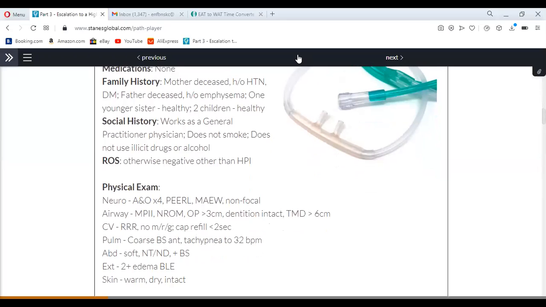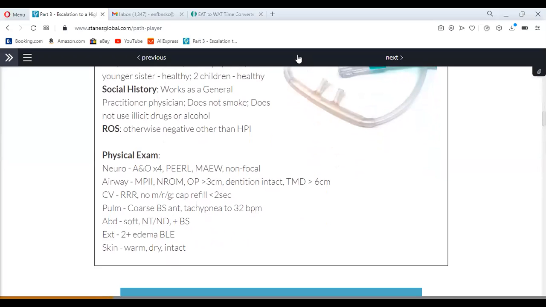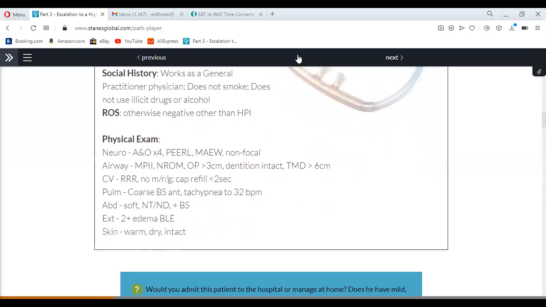Physical examination revealed, neuro: he is alert, and the A and O you see there is alert and oriented. And he has PEERL, I can't recall exactly, but it's pupils equally reactive to light, so they're normal.